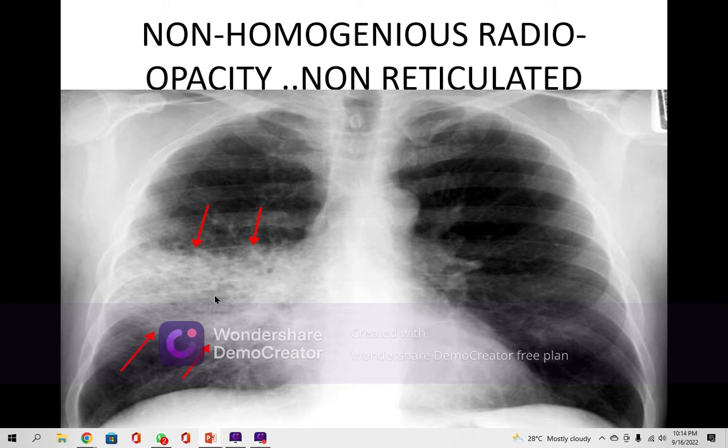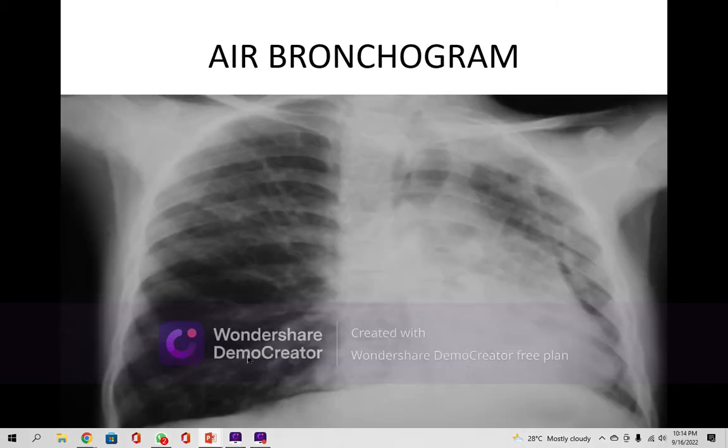Stage 1, stage 2, stage 3 and stage 4. This is the third stage. After red hepatization there will be gray hepatization, and then there will be a stage of resolution. So this is the stage of gray hepatization. It is non-homogeneous, non-reticulated. There is no network seen here. Air bronchogram pattern.